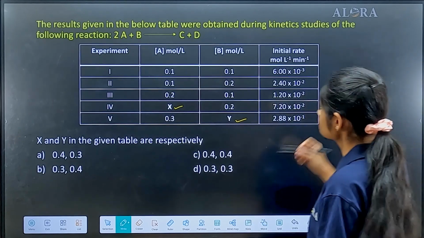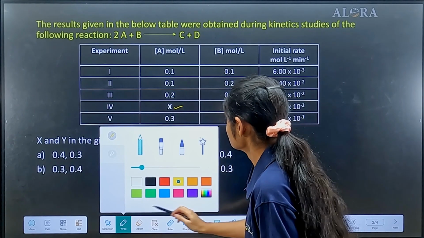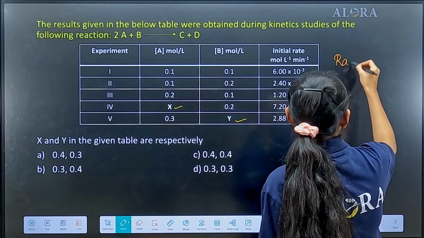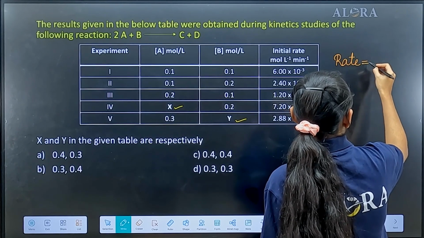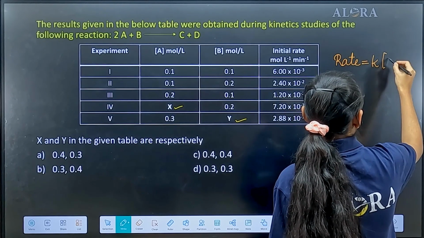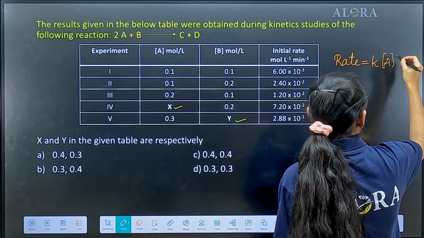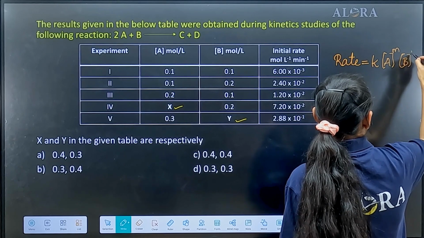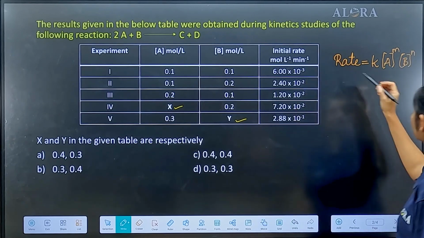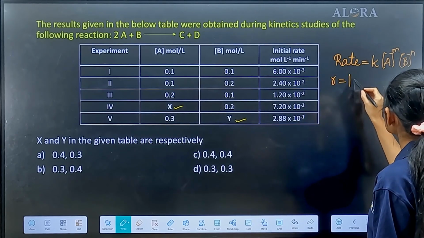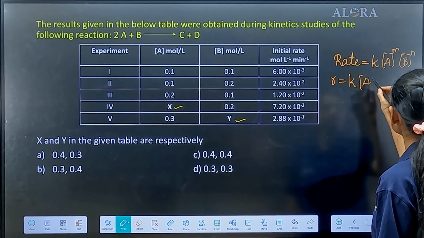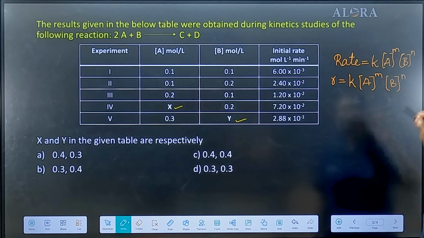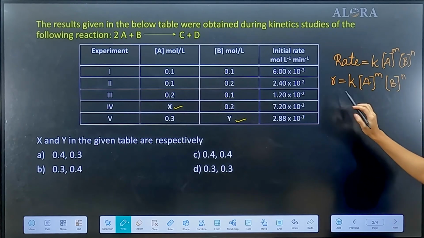So let me write first the rate law here. So the rate law is: rate is equal to K into A to the power, I will consider it as M, and B to the power, I will consider it as N. So here R is equal to K into A to the power of M into B to the power N. So this is the rate equation.